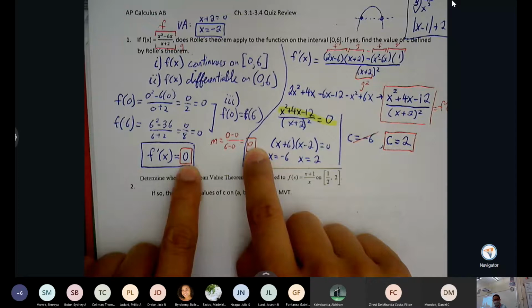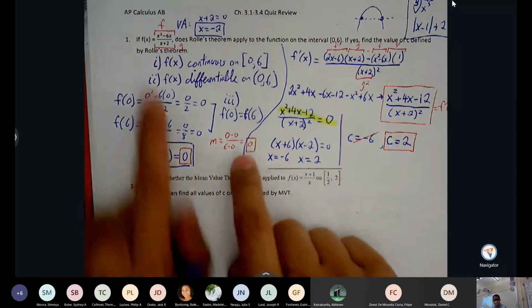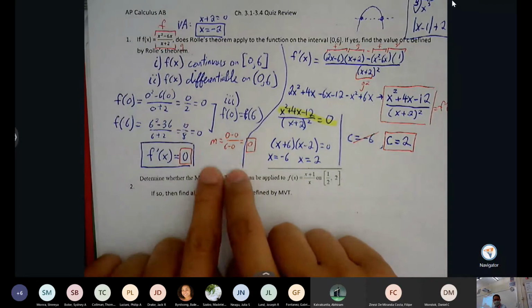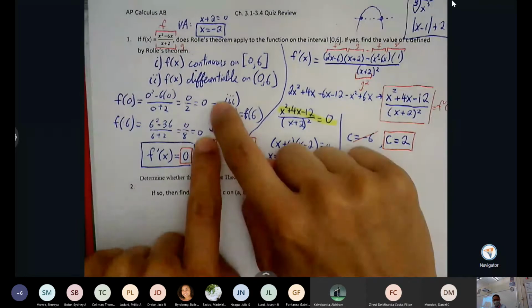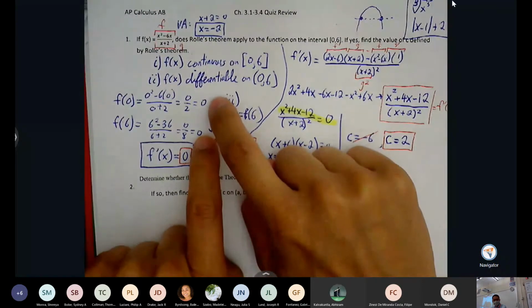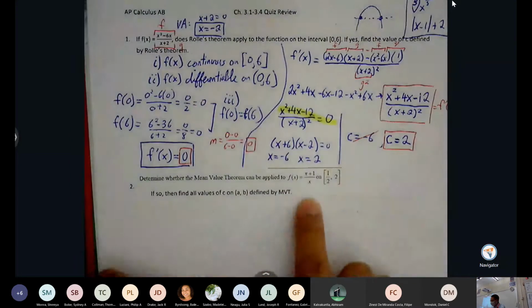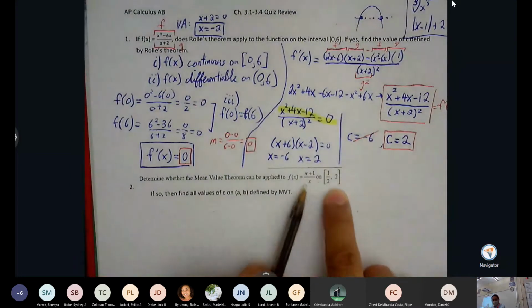So Rolle's theorem is basically mean value theorem. It's just a very specific case. Right, it's a very specific instance. It's only a mean value theorem for this specific type, but mean value theorem is not as restrictive. So again, no, not a polynomial.